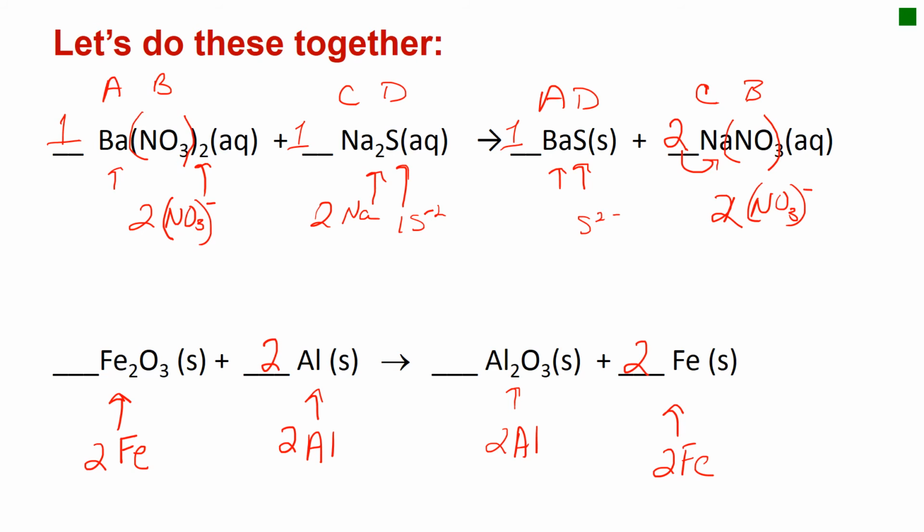Now I have to look at the oxygens. I have 3 oxygens on the reactant side, and I only have 3 oxygens on the product side, so that's good to go. So we're done. I'm going to go ahead and write a 1 and a 1. So this reaction is now balanced.